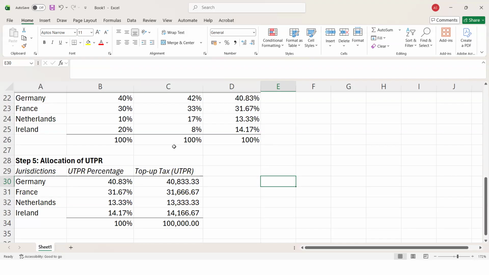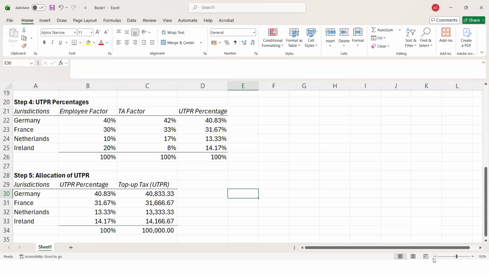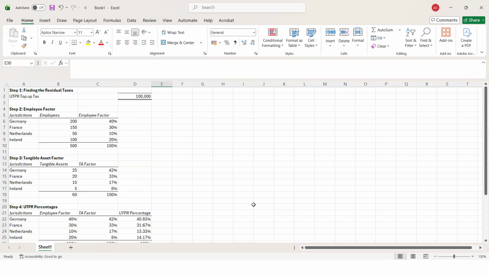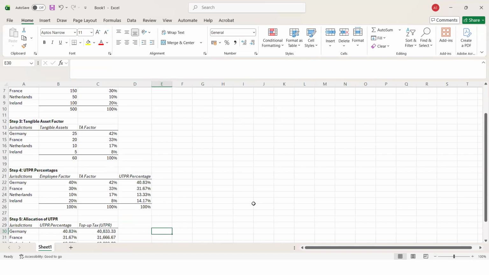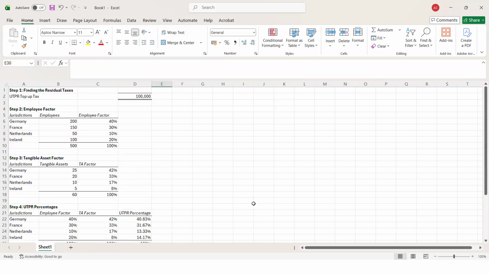This is how that untaxed residual GloBE income is divided among the other constituent entities. But you have to be very careful that it should have a qualified UTPR status. Then only you can take it. So these would be the workings which you can prepare, in case you need them. It's pretty simple.